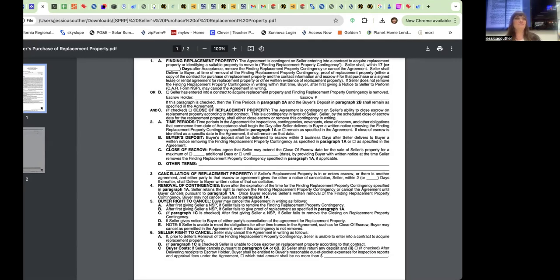Also communication to the seller, because I have one right now where it is contingent upon their house, and it's a big house, it's $900,000. The buyers are keeping the contingency open the whole entire time, because if their house falls, they're not purchasing, and they're coming from a long ways.